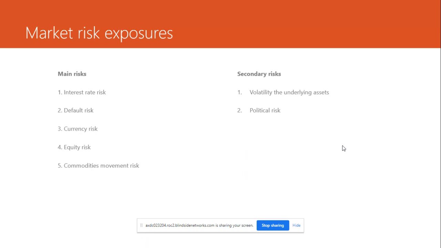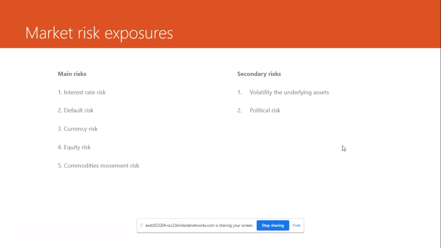We found there are a total of 5 main market risks regarding this fund. The first one is regarding the interest rate. When the fund uses leverage, they will suffer from the loan interest when the bank rate increases, which will directly affect the interest cost and also the return of the fund.